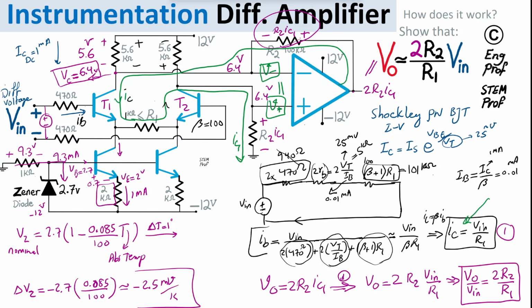Any portion of IC current flowing through this 5.6K branch connected to 12 volt will result in disruption of the voltage equality, or virtual short, between the positive and negative terminals, because one of them is trying to reduce, let's say, the negative terminal, and the other one is trying to increase the positive terminal, for example. Therefore, differential current cannot go through these two 5.6K that have a common connection. On one side they are connected to 12 volt.